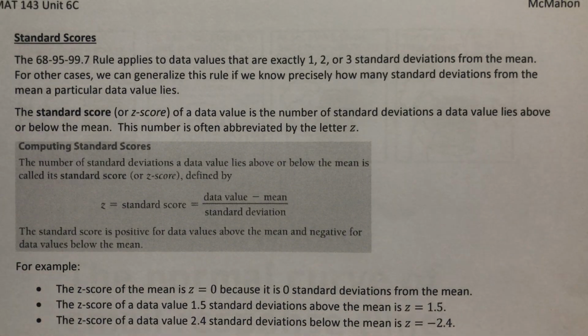Well, the 68, 95, 99.7 rule works really well if you are dealing with 1, 2, or 3 standard deviations. Unfortunately, not everything comes in nice round 1, 2, or 3 whole numbers. Sometimes you're going to get different values. Let's go back to the cars. You have 17,000.